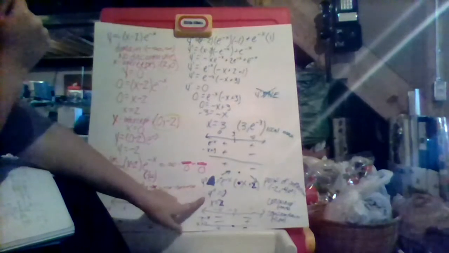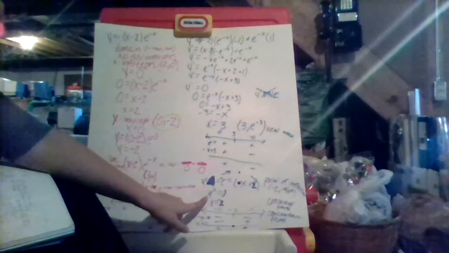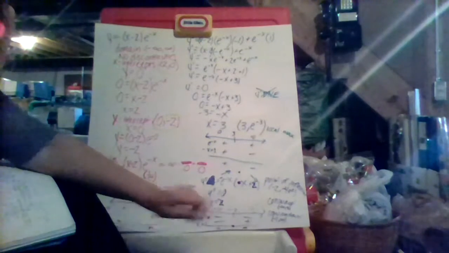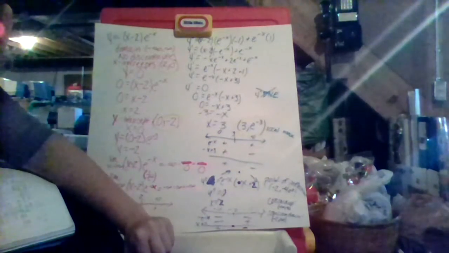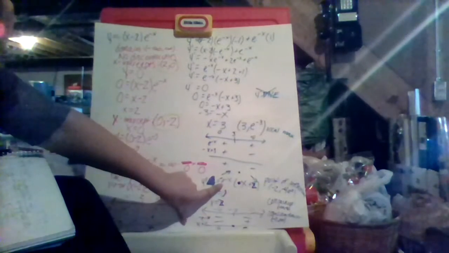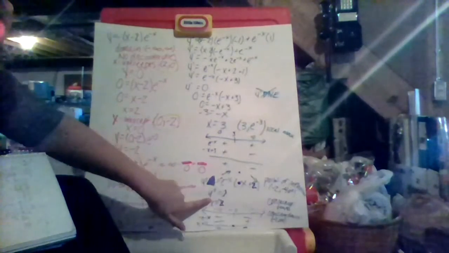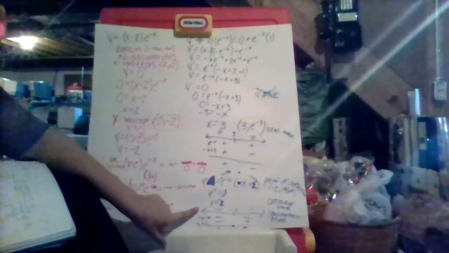So to find our concavity, we set y double prime equal to 0. And when you plug that in, again, you're not worried about this term, only worried about x plus 2. When x plus 2 equals 0, x equals negative 2. We plug that into our number line.